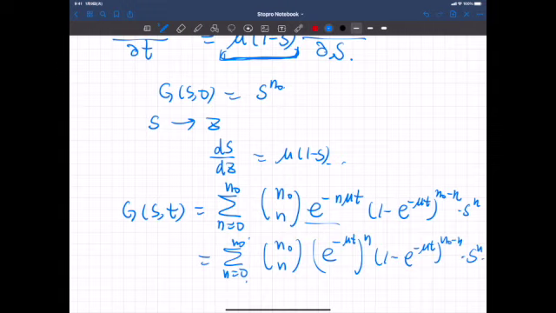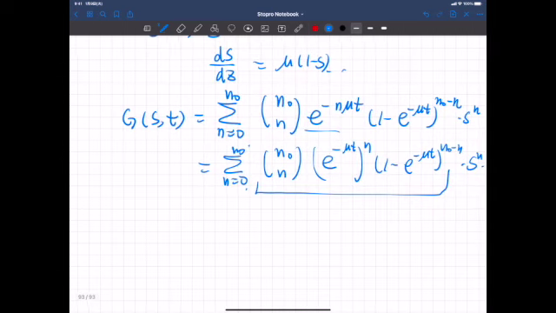So look, in this case, if you put, for example, p equal to e to the power of negative mu t, then this is 1 minus p, right? So this is exactly like the binomial theorem, and it's a binomial distribution, kind of.